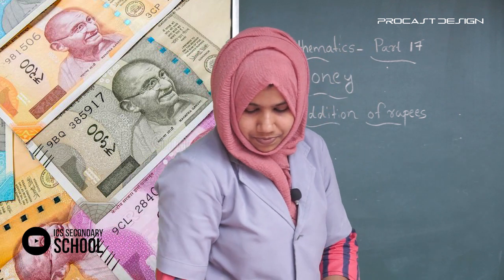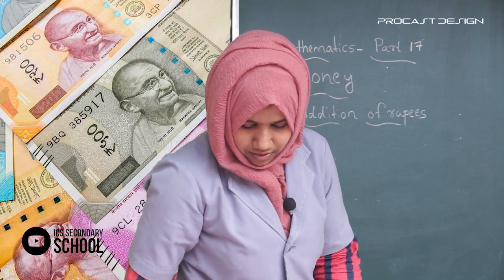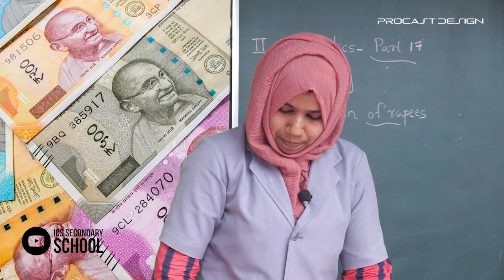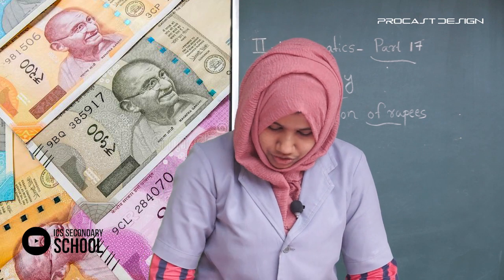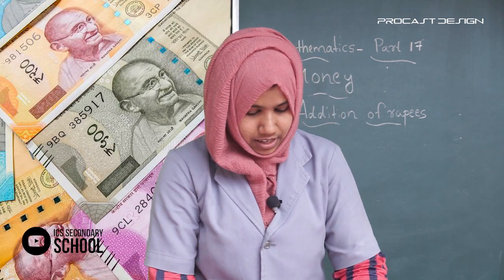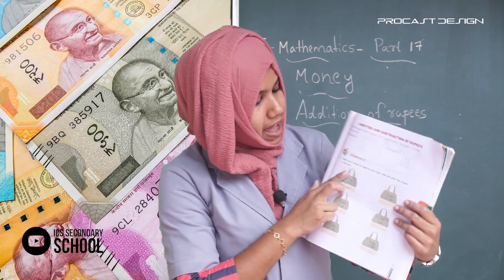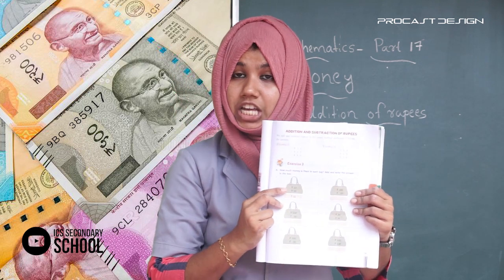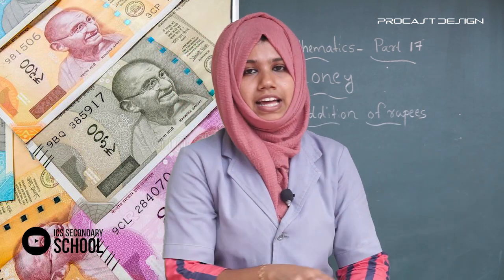Next is page number 59. There are 6 questions. We can see there is a picture of a bag. How much money is there in each bag? Add, write the answer.